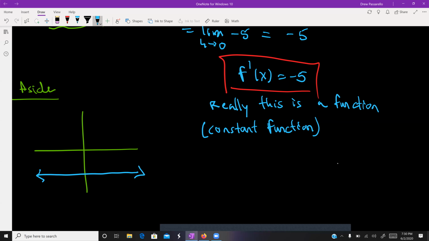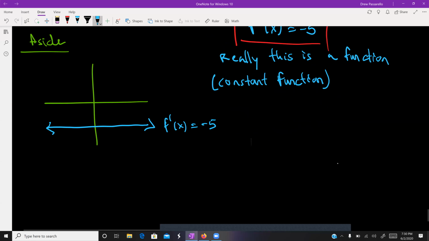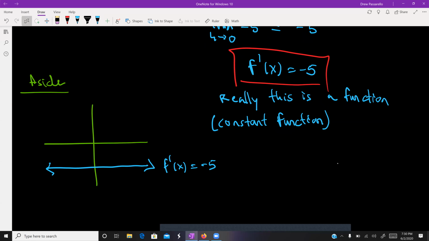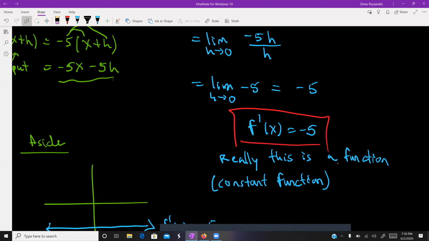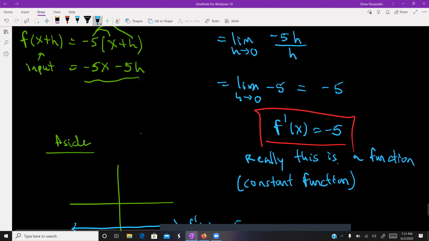That would be the graph of the derivative function. All right, so that's just an aside, just to point out that when you find the derivative, it's going to be a function versus just a single value. In this case, it happened to be -5, so it was a little, I don't know if deceiving is the right word, but it might throw you off.